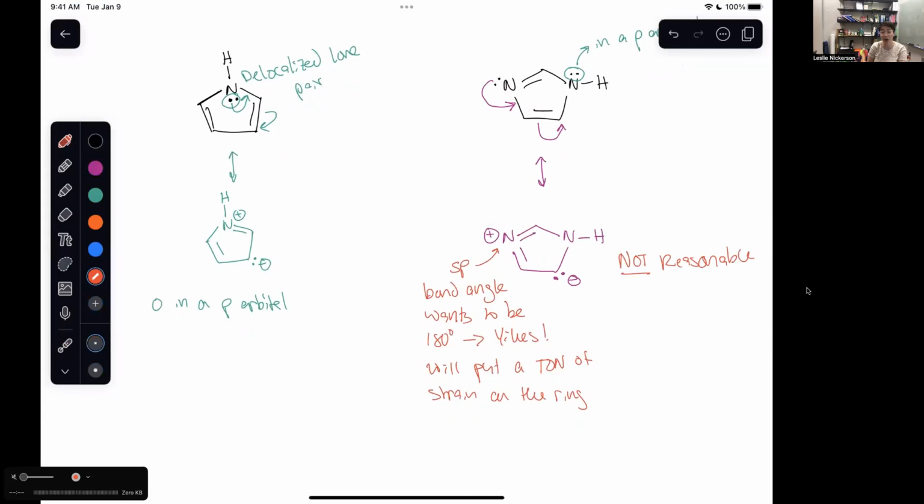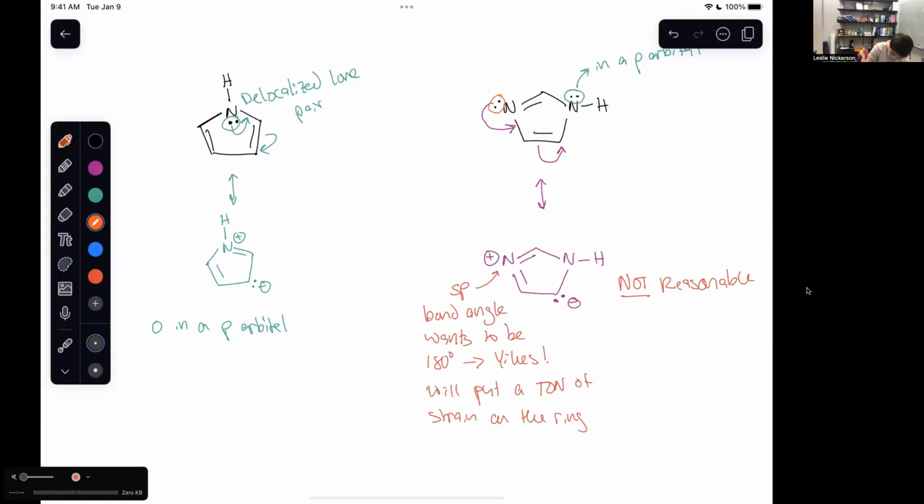Okay, if we're trying to put sp hybridized atoms into small rings, it's really a no-go because that bond angle is just not going to allow that 180 degrees that is necessary. So then if we go up to this one and finally label it, so this is going to be localized. That nitrogen, we're considering it as sp2 hybridized, because we've got 1, 2, 3 things around it. We're not delocalizing that lone pair here. So it's sp2, and it's going to be in an sp2 orbital.